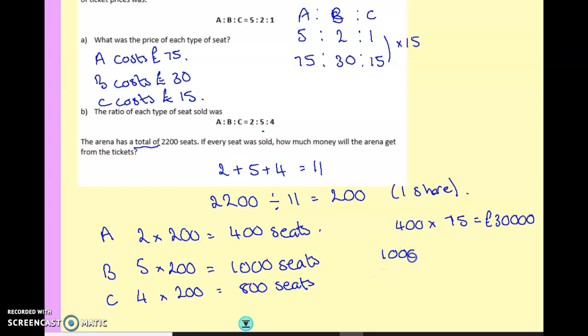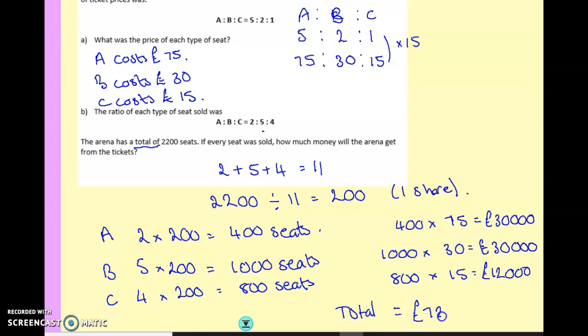B, there was 1,000 seats sold, each seat was £30. And that's also 30,000. C, there were 800 seats sold, each seat was £15, which is 12,000. So the total would be 30, 60, £72,000.